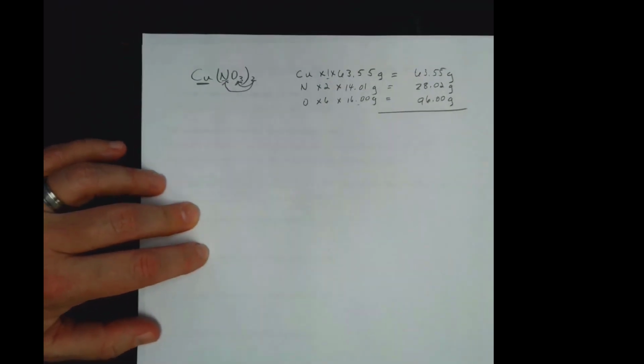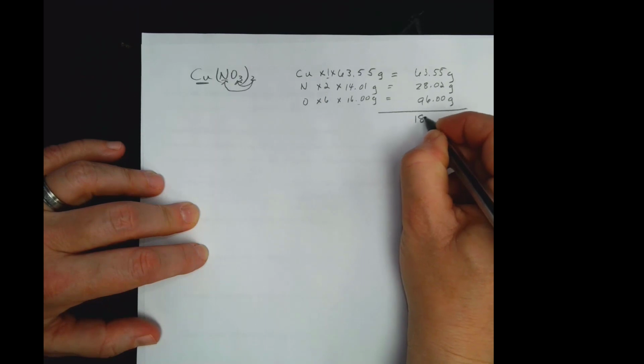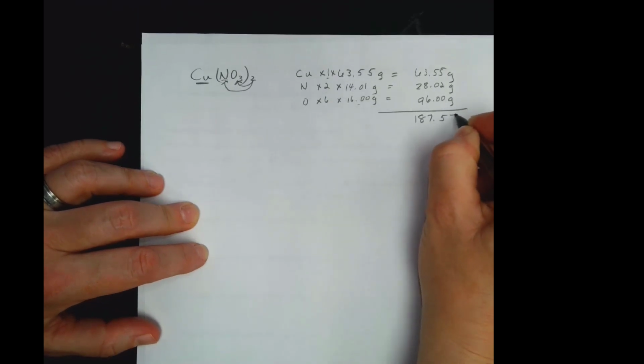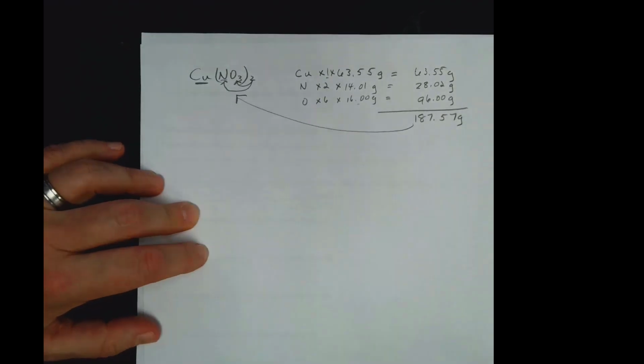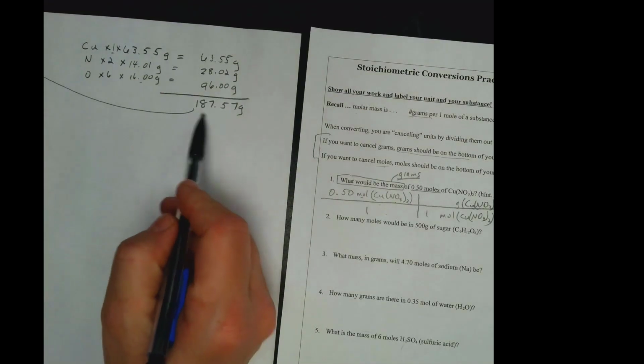And if I add all those up, what I end up with is 187.57 grams. That is the mass of this quantity of copper nitrate. So I'm going to take that quantity, 187.5, and that's what I'm going to fill in right here.